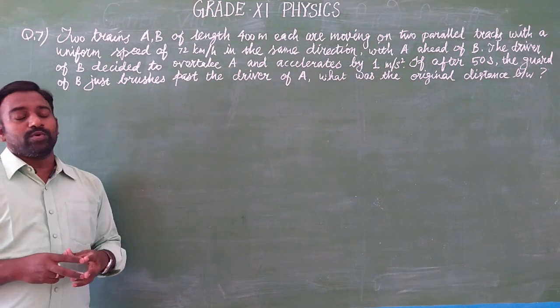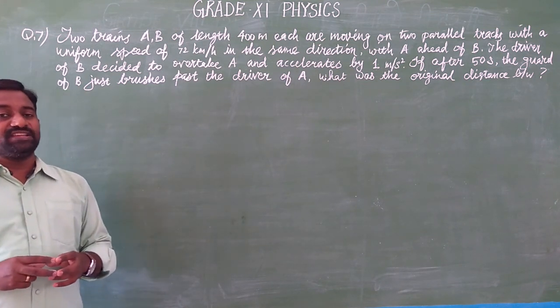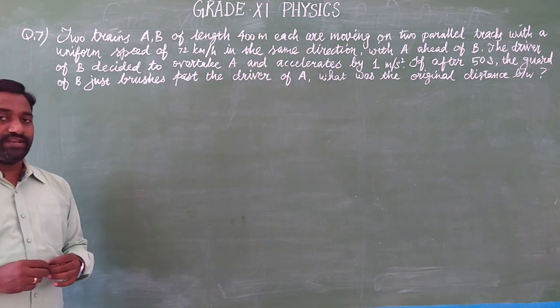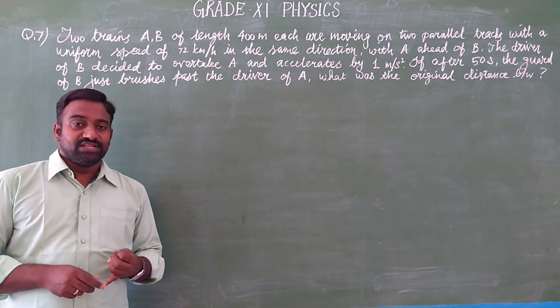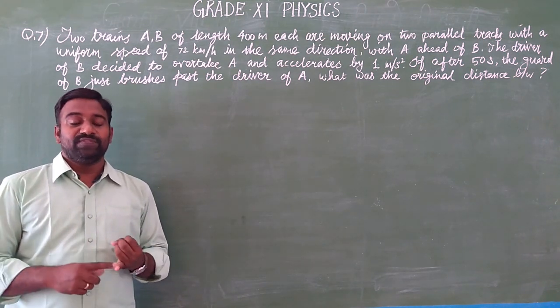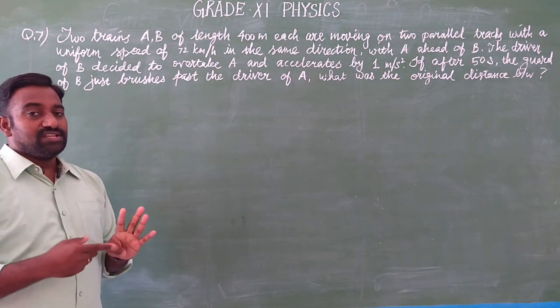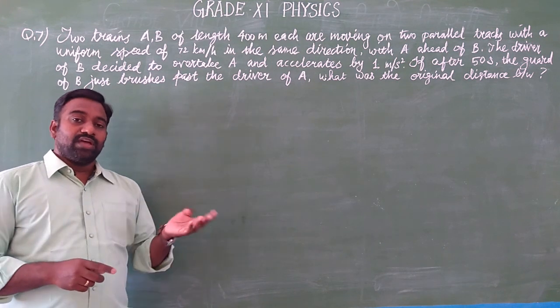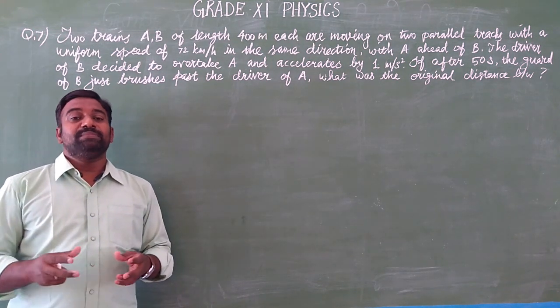Okay, so now we are going to work out the book exercise from chapter 3, that is motion in a straight line. In the lessons we have studied accelerations and the kinematic equations and the various types of accelerations, that is uniform acceleration, non-uniform acceleration, constant acceleration, zero acceleration. After acceleration, next we saw its kinematic equations.